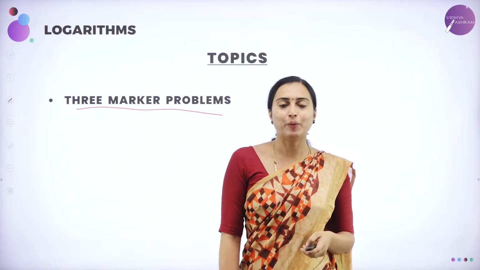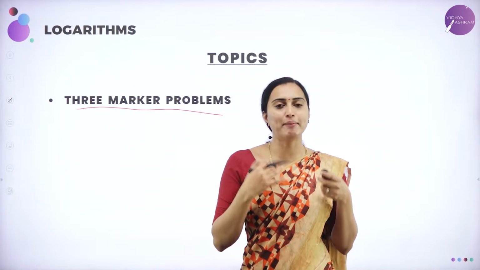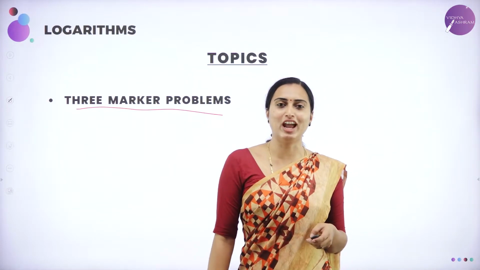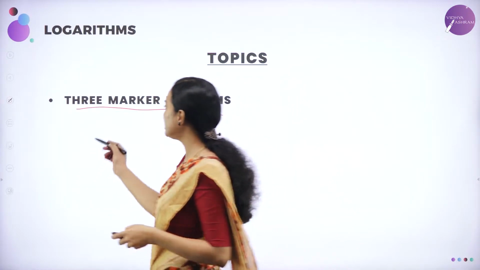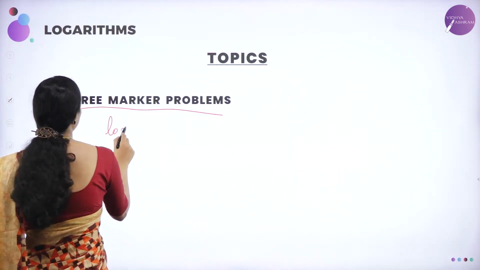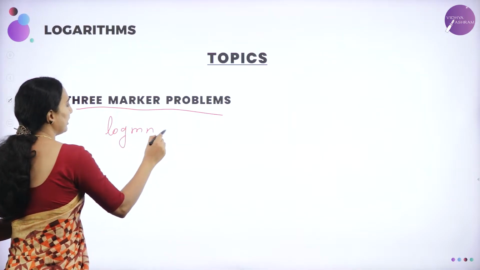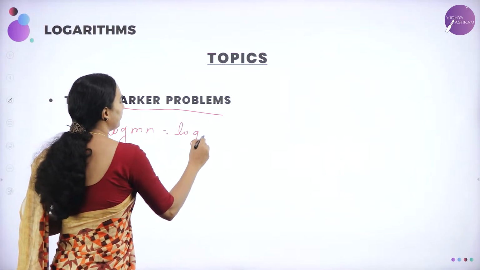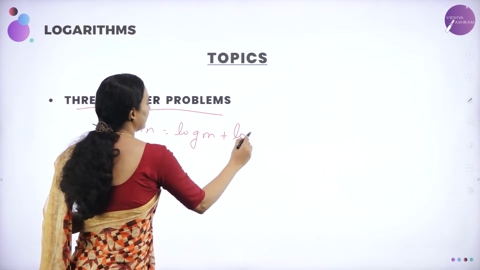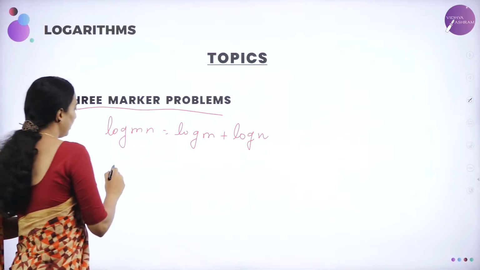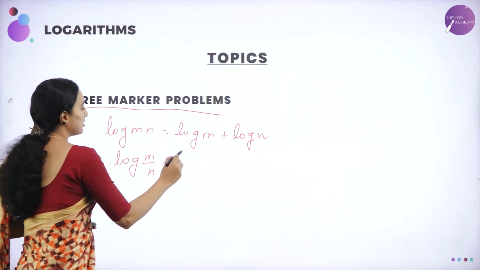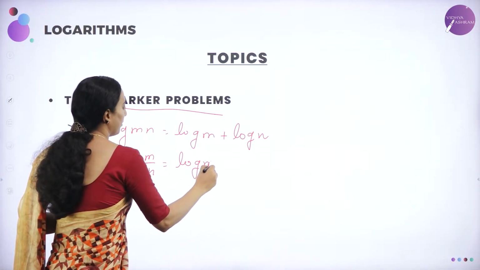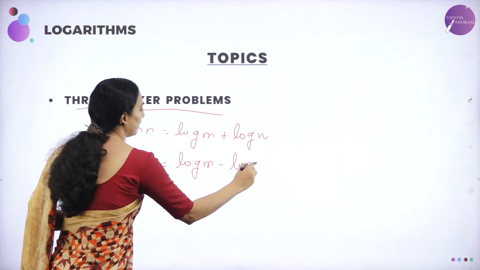Before solving, I am going to give you the formulas, the laws of logarithms, that we have already studied. First, log mn can be written as log m plus log n, right? Similarly, log m by n can be written as log m minus log n.